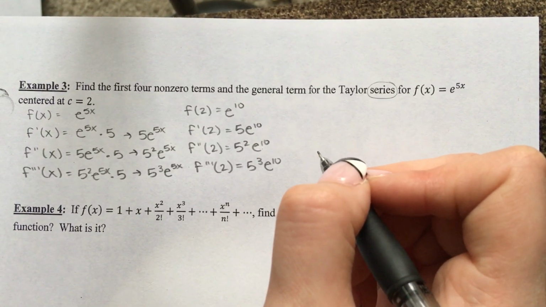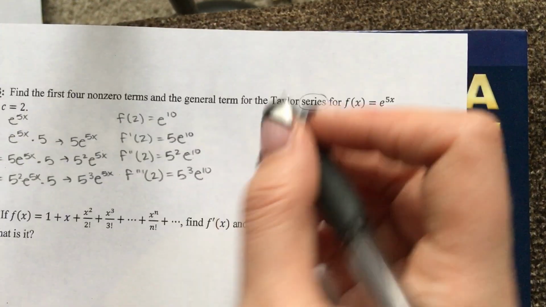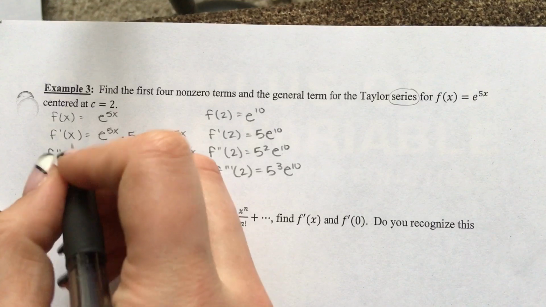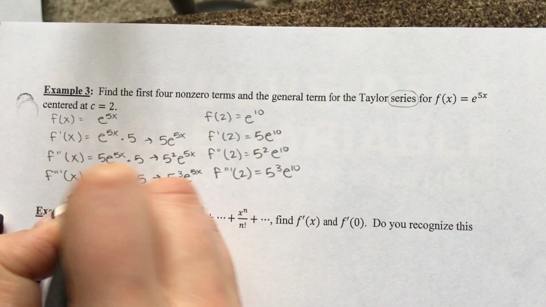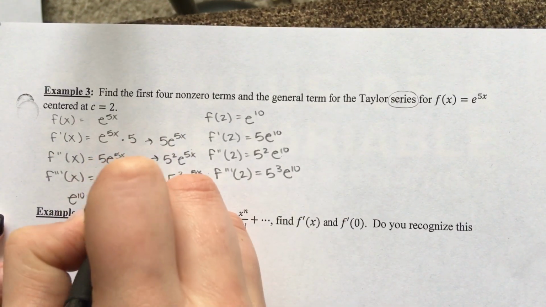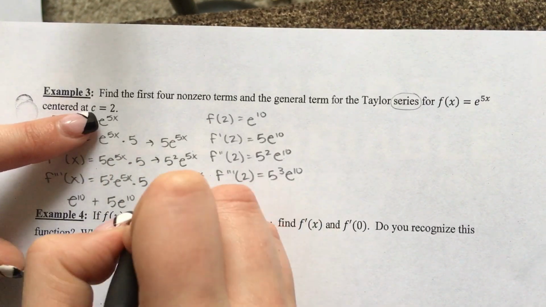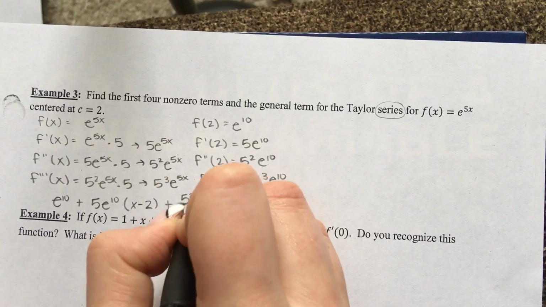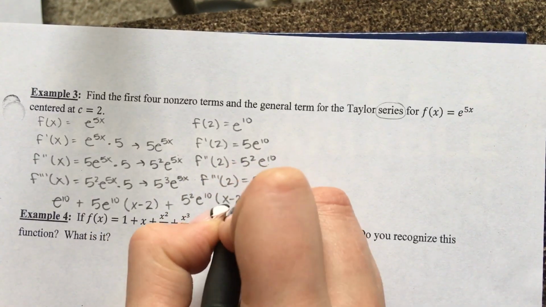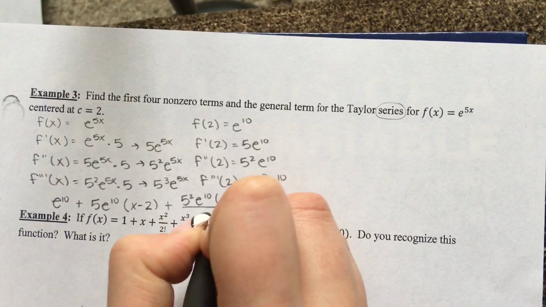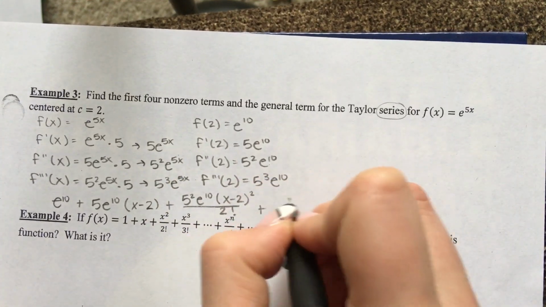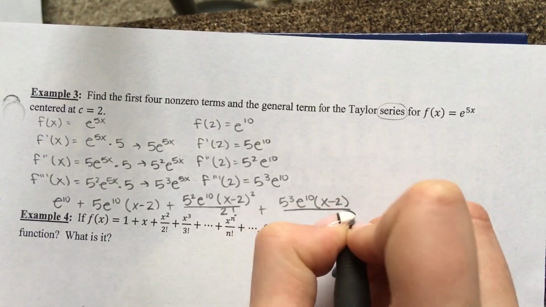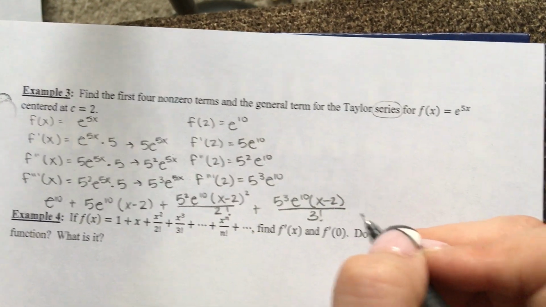All right, so now I can go ahead and write it out, and that's going to give me, I'll go ahead and write it down here. So e to the 10 plus 5e to the 10 times that center part, so x minus 2, plus 5 squared e to the 10 times x minus 2 squared over 2 factorial, plus 5 to the third e to the 10 times x minus 2 to the third over 3 factorial.